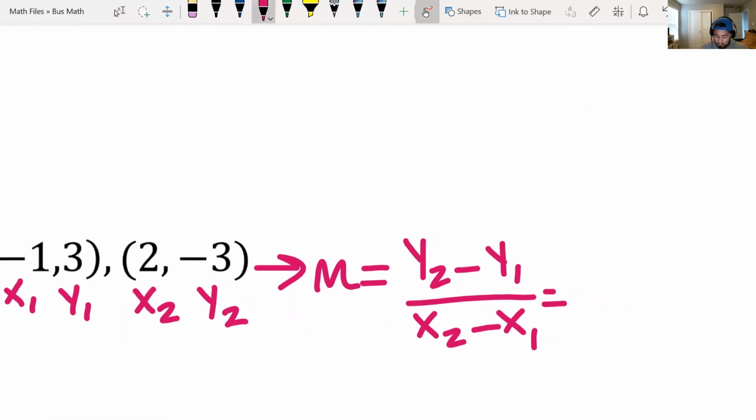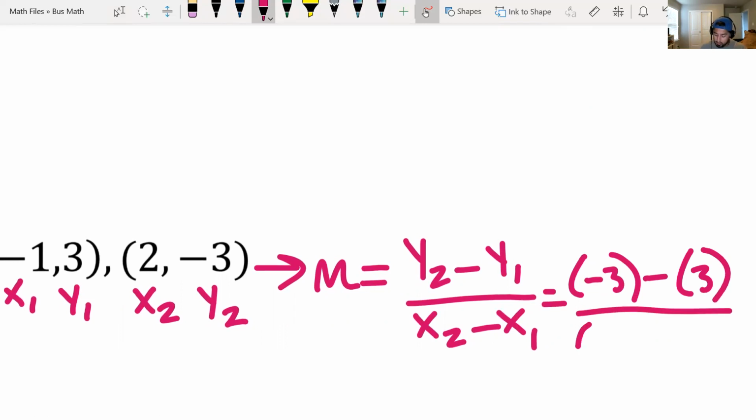Okay, plug in. y2 is -3 minus y1, which is 3, over x2, which is 2, minus x1, which is -1.